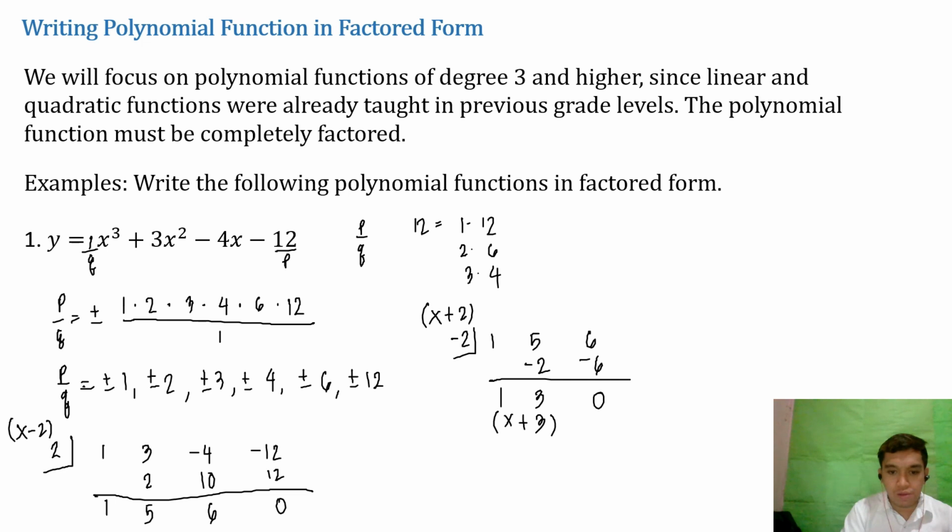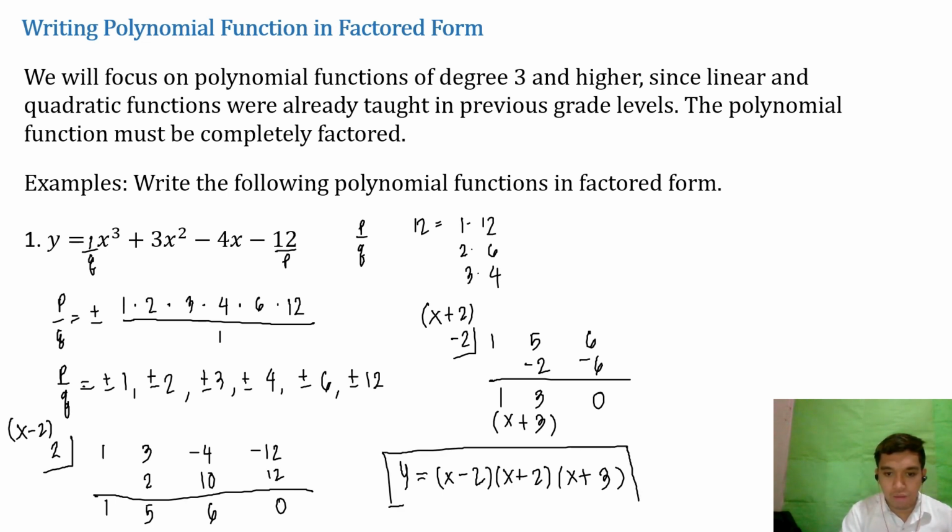So, therefore, the factors of our polynomial function are x minus 2, x plus 2, and x plus 3. So these are the factors of our polynomial function. Okay? So I hope na-gets niyo yung ating example number 1. So let's proceed now to example number 2.